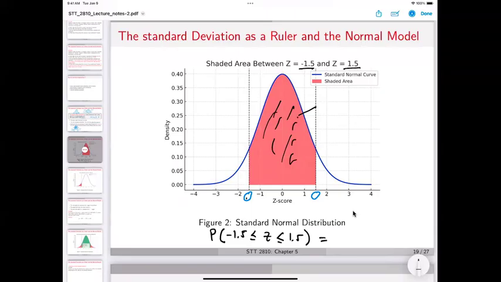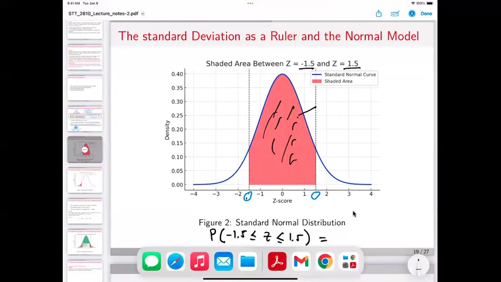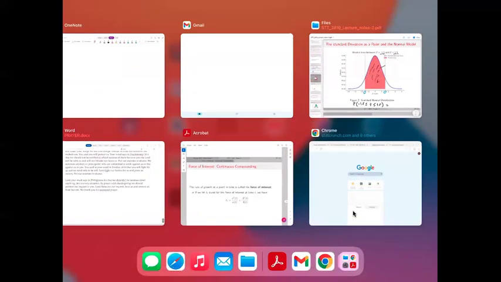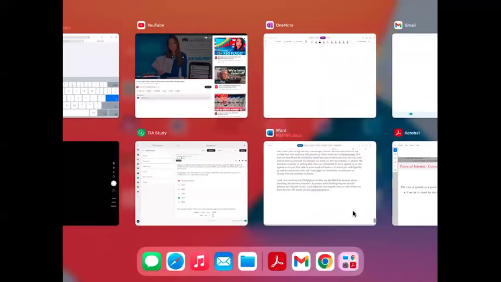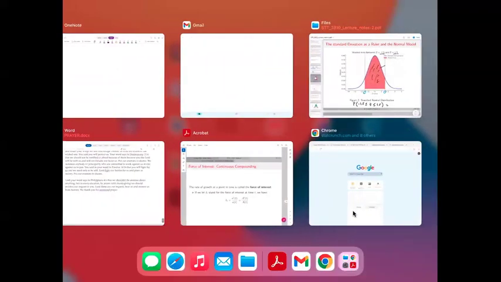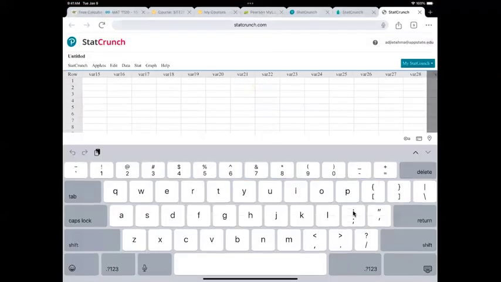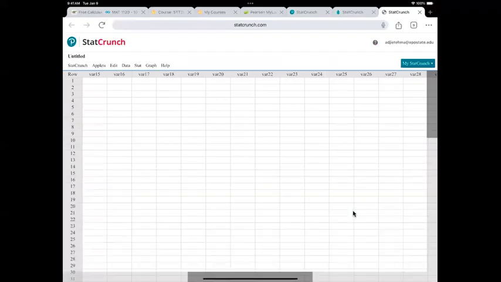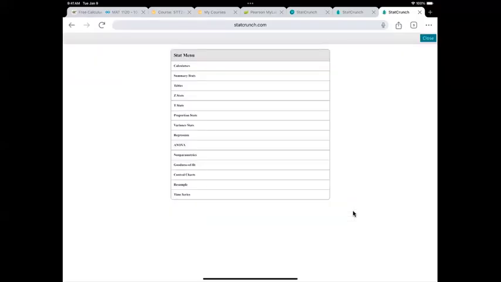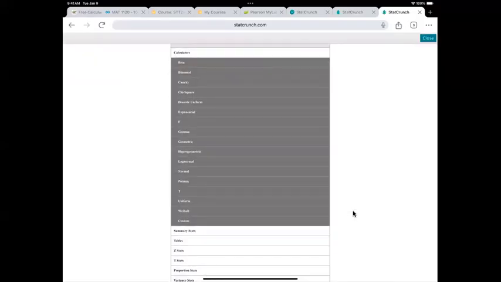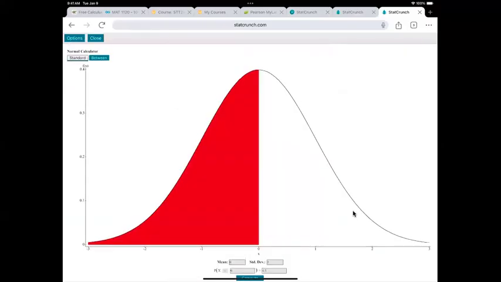So let's get to StatCrunch. Open your StatCrunch. When we get to StatCrunch, let's go to Stats, go to Calculators, and then Normal.